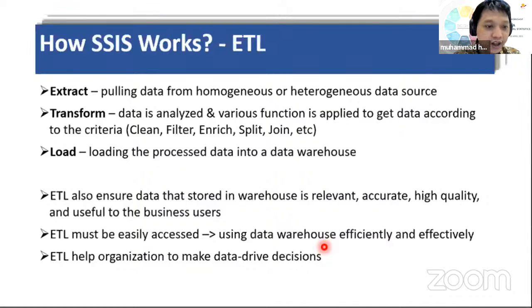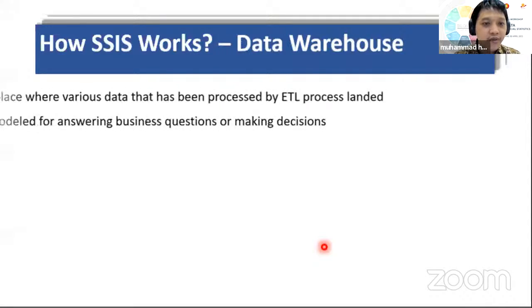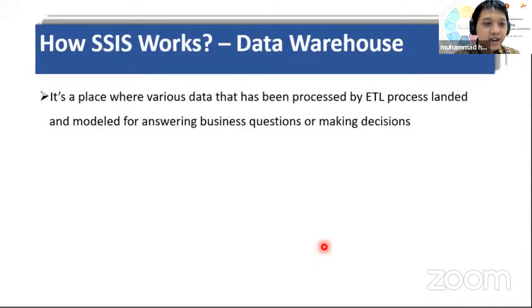Because we use ETL, we can use the data warehouse efficiently and effectively. And ETL helps organizations make data-driven decisions. And the last one, we already know about the data warehouse, a place where various data that has been processed by the ETL process lands and is modeled for answering business questions or making decisions.